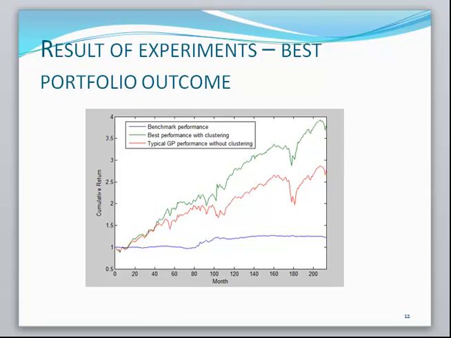The green line is the best performance from the strategy generated by GP with the complete linkage clustering. We can see from the plot, GP with clustering is better than GP without clustering and far better than the benchmark performance.